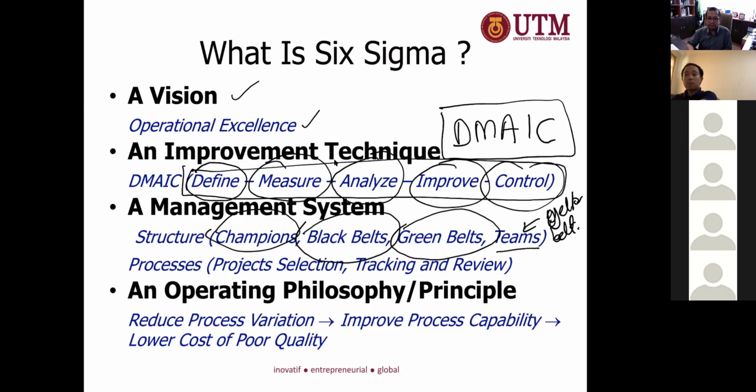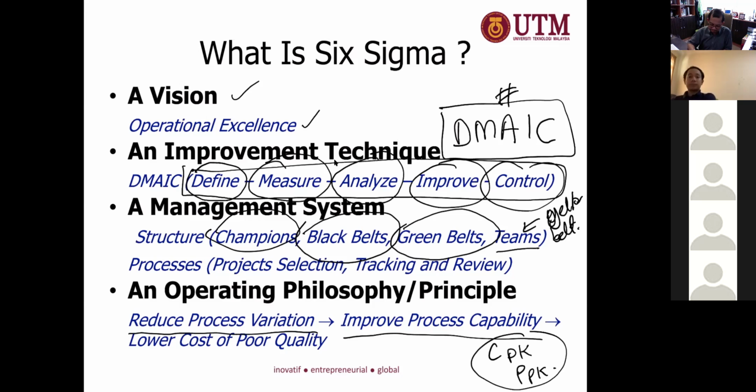This is in line with the quality improvement purposes to reduce process variation. This DMAIC approach is to reduce the process variation and then to improve the process capability, Cpk and Ppk. Why do we want to improve this? Because we want to get the Six Sigma capability. And definitely money is more important, so lower cost of operation.